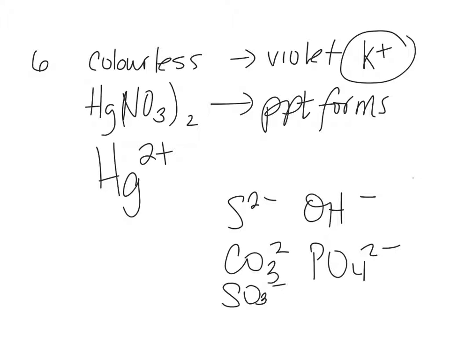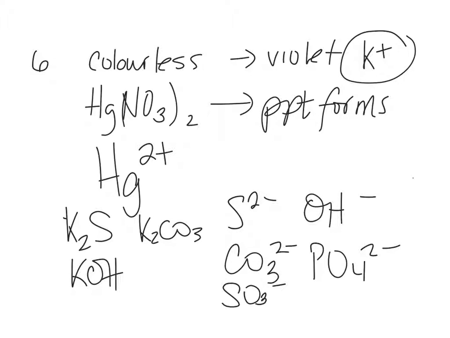So if you had dissolved K2S, KOH, K2CO3, K3PO4, K2SO3, these would all precipitate out the mercury compound.